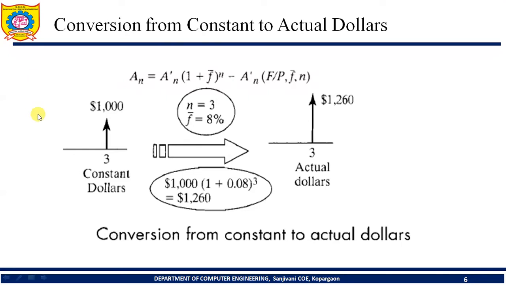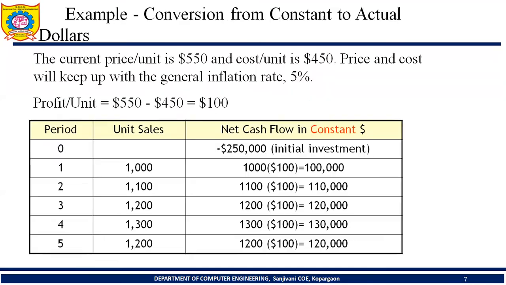Here the constant dollar is given for year 3 as $1000, and from this you calculate the actual dollar: $1000 times (1 + f')^3, where f' is given as 8%, the inflation rate. You will get $1260 as the actual or current dollar, by considering the inflation rate of 8%.